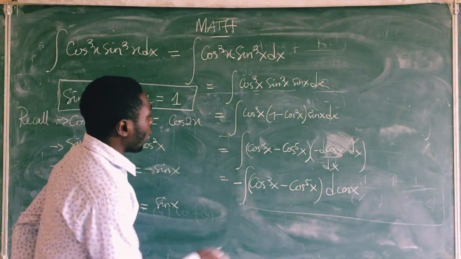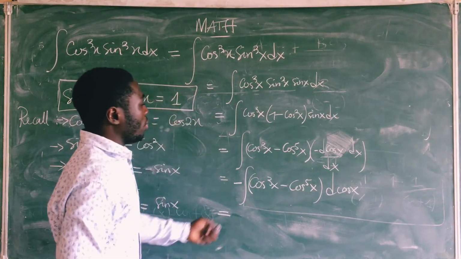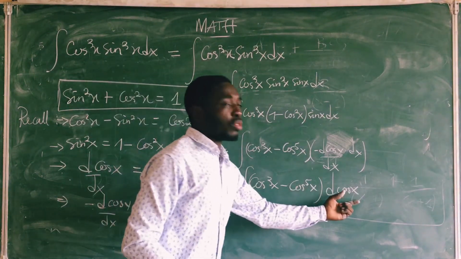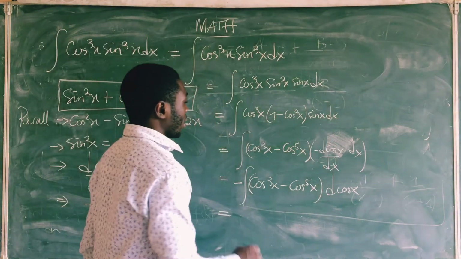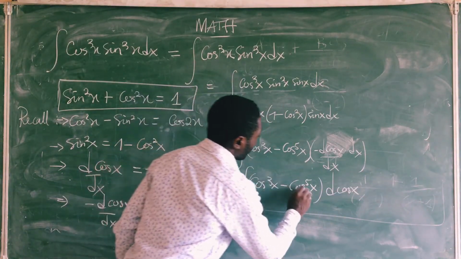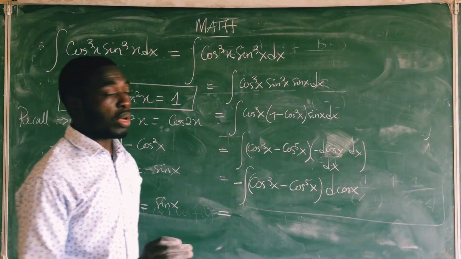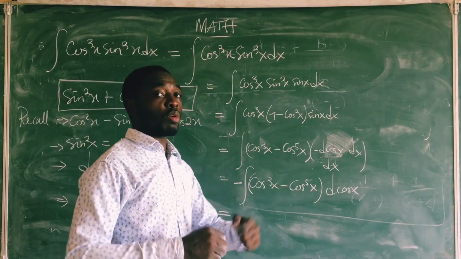Now, what does this imply? I can differentiate now with respect to cos x. So if my cos x was equal to u, this will be u to the power 3 minus u to the power 5, and of course I'm integrating with respect to cos x, not with respect to x.